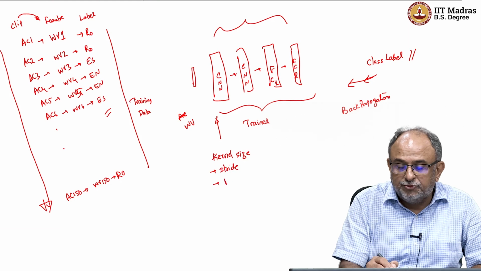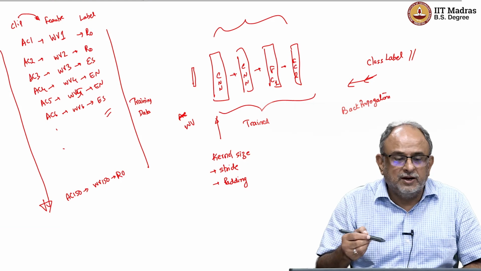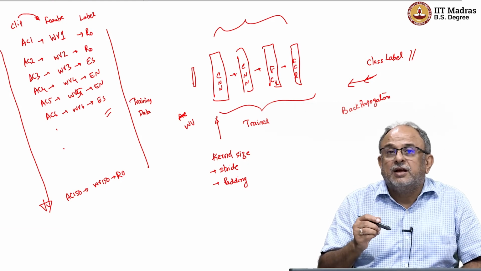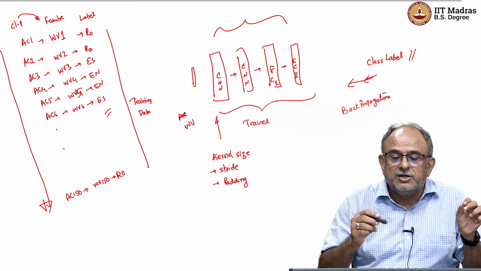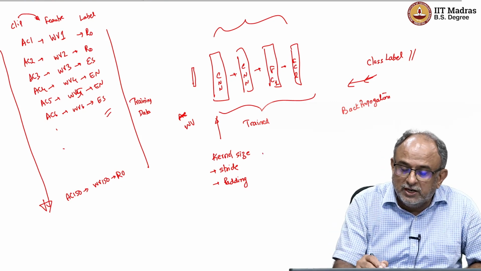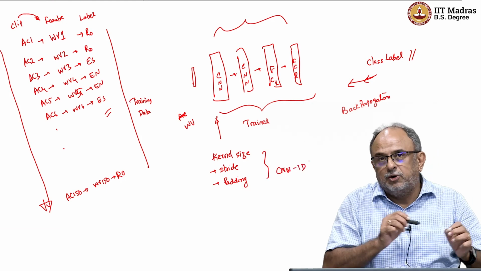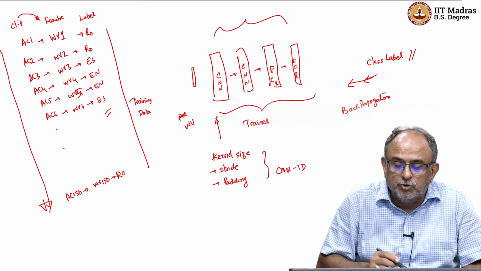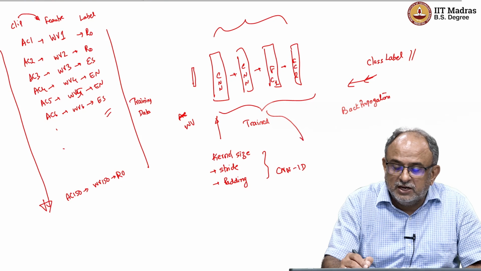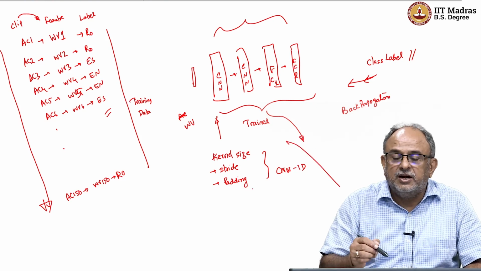If you are not familiar with CNNs, please go back and refresh yourself. In this case, it is not an image, it is a one dimensional vector. Therefore, I am going to do just 1D convolutions. And similarly, for the second one also, I have to specify the kernel size, the stride and the padding.